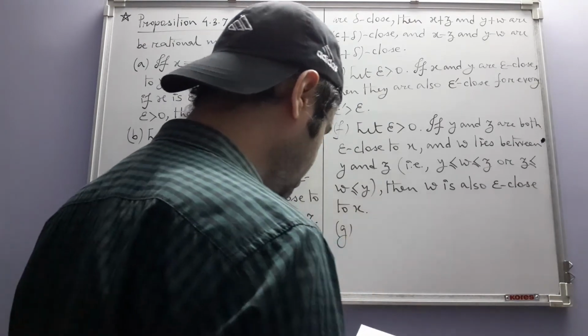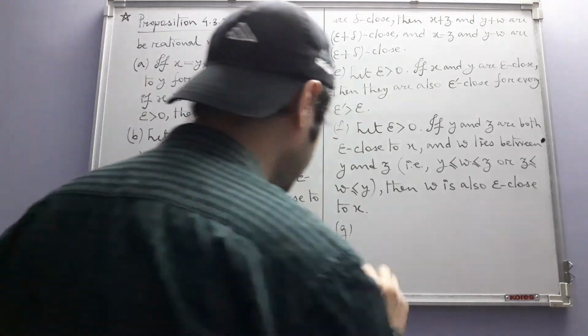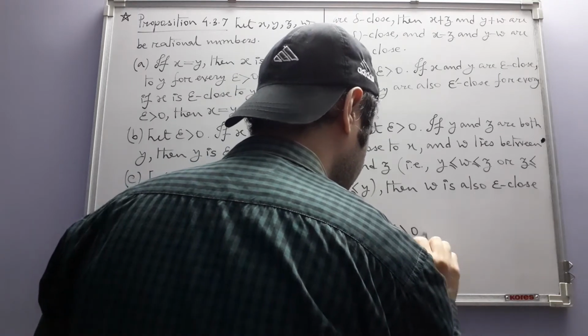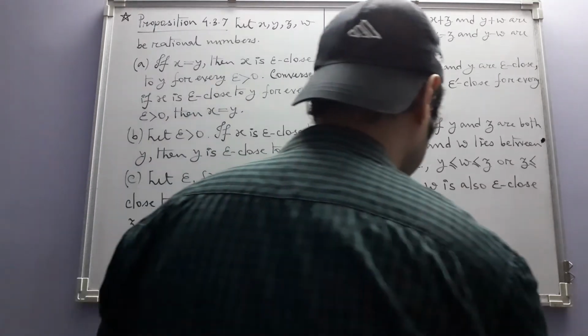Then part G, two more parts are there. Let epsilon be positive.